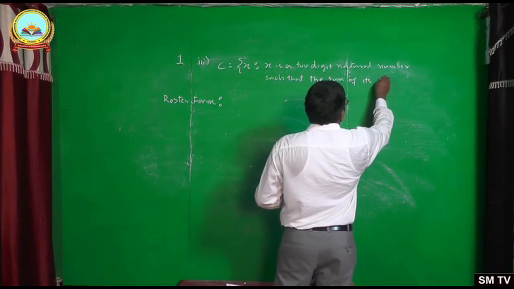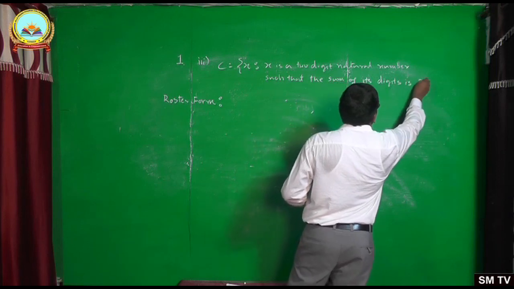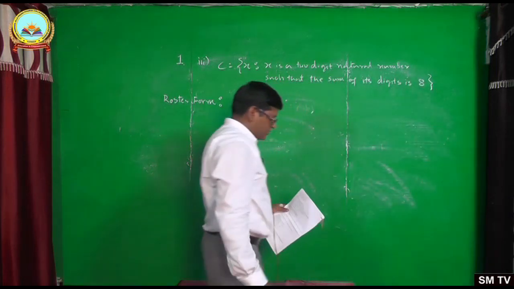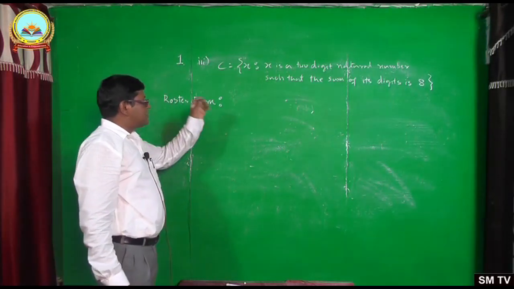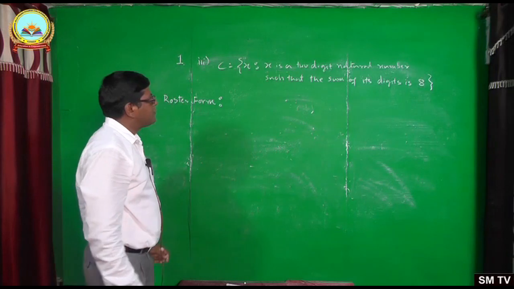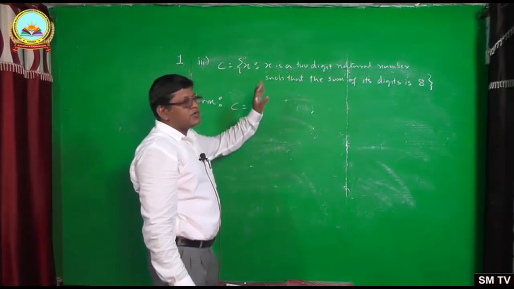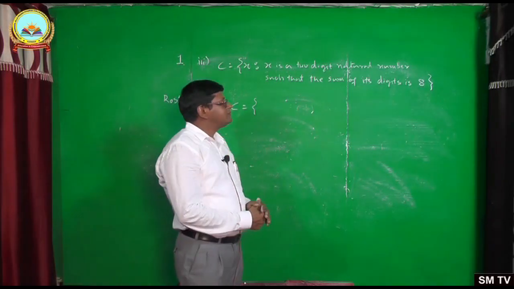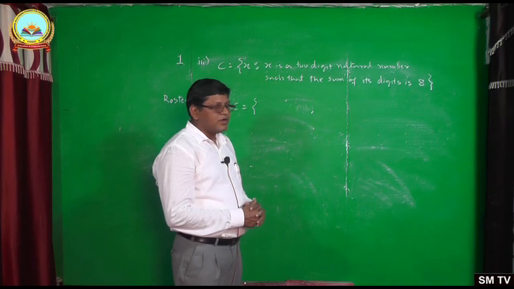Now we have to express the given set in roster form. x should be a two-digit natural number, so that the sum of the two digits must be equal to 8.